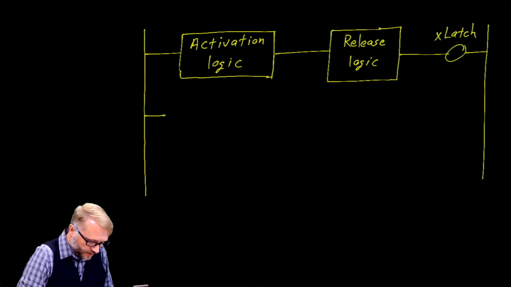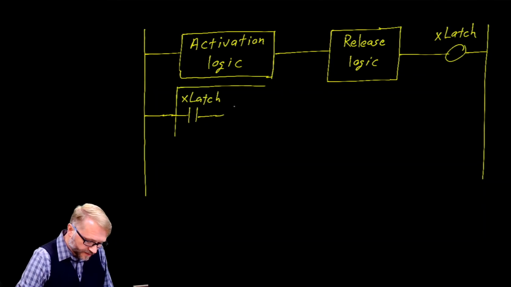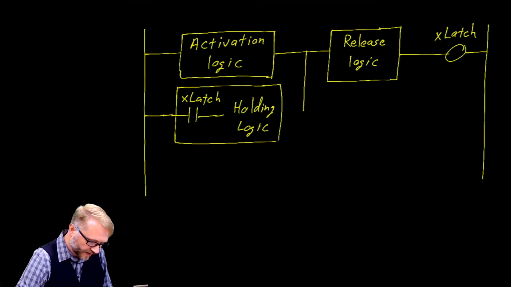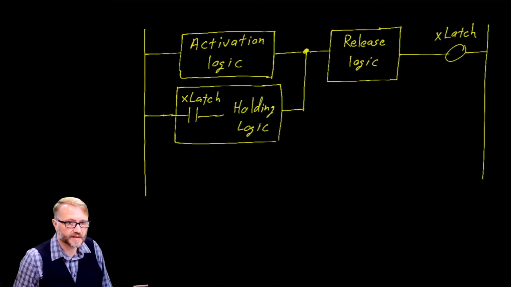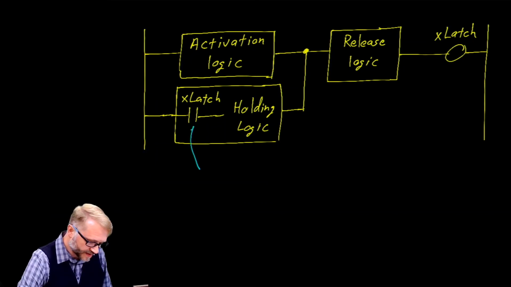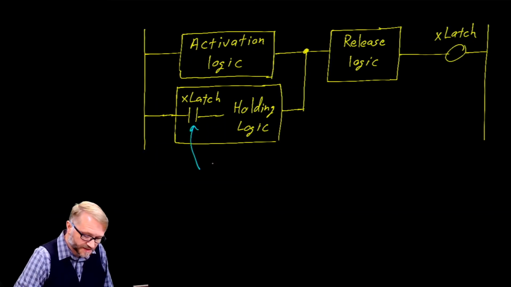On the branch, we would find a contact from the Boolean latch. We may also find other holding logic. And of course, that is ORed with the activation logic. And it is this contact which seals in power. We could say it seals in the Boolean latch.